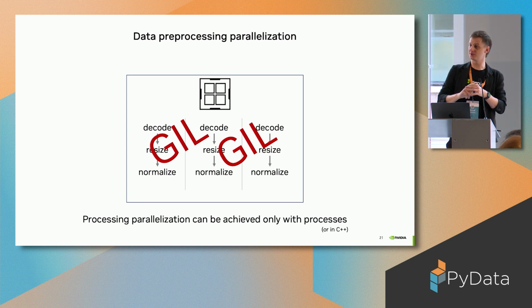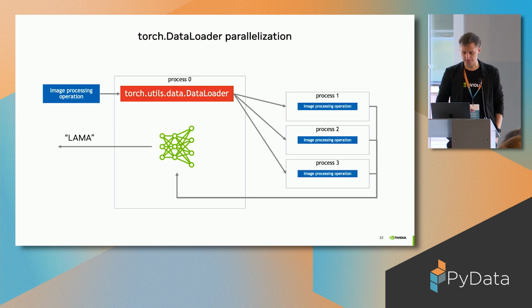First of all, I can use not threads but processes for parallelization. This is something that Torch DataLoader, which I will talk about in a moment, actually allows. But I can also do it in C++. That's something that we want to do, right? We want to write code in C++ if we want to do something in Python.